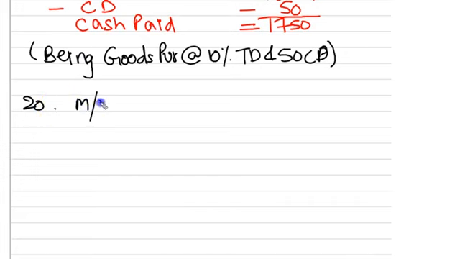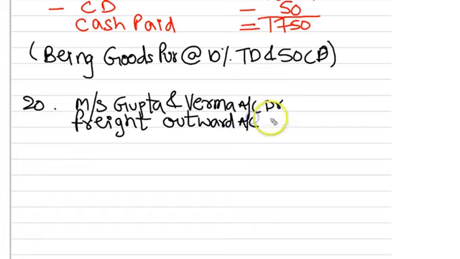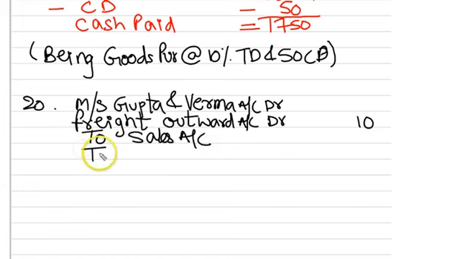So Messrs Gupta and Verma account is to be debited, debit the receiver, freight outward account debit, that is 10 rupees, to sales account, this amount we have to calculate properly, and to cash account for freight outwards 10 rupees.